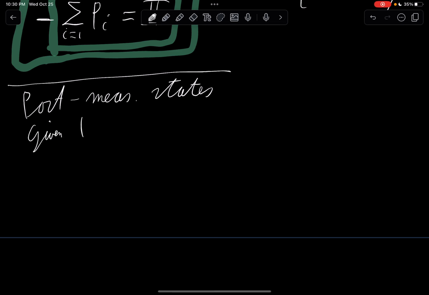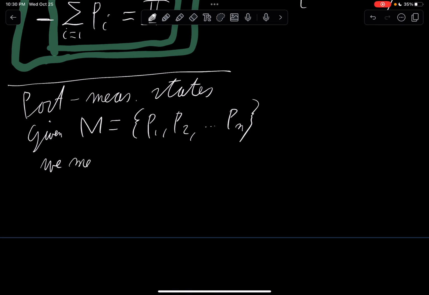Given some measurement m, we measure and we're given a state psi.